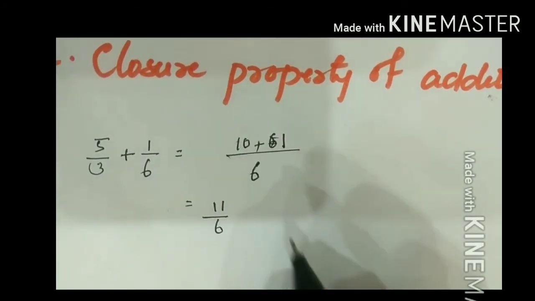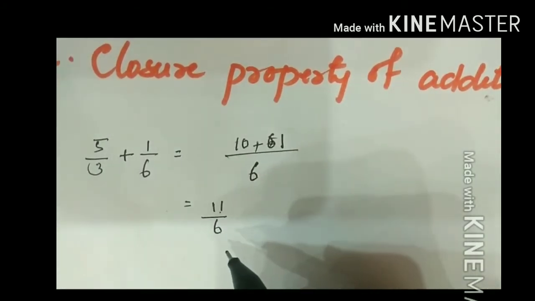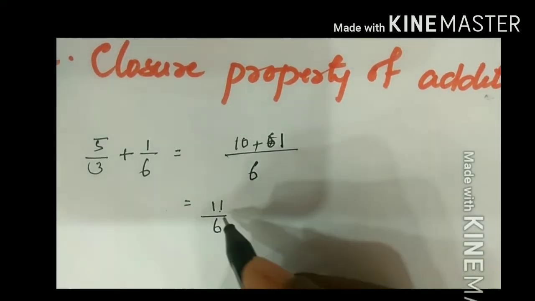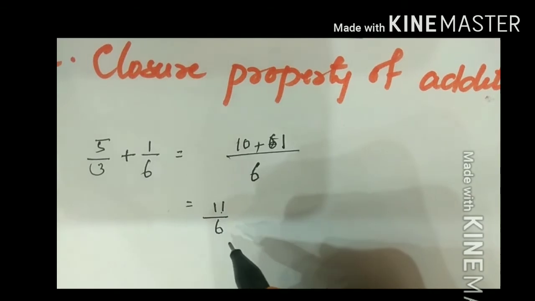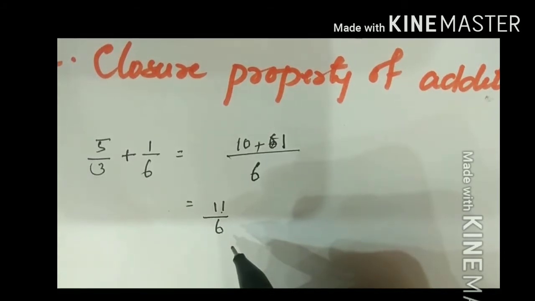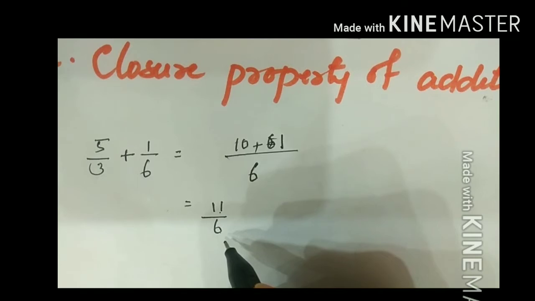Now, look, here we have to check whether 11 by 6 is a rational number or not. So, is 11 by 6 a rational number? Look at the definition of rational number. Denominator and numerator should be integers. Here 11 is an integer, 6 is also an integer, and the denominator is not 0.